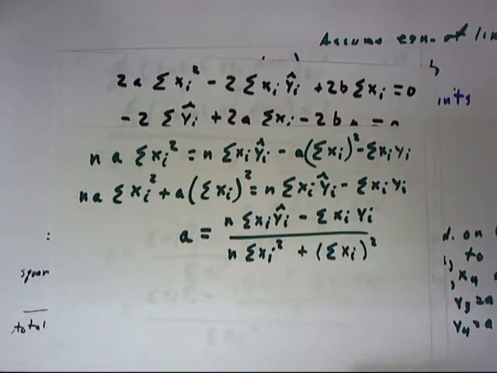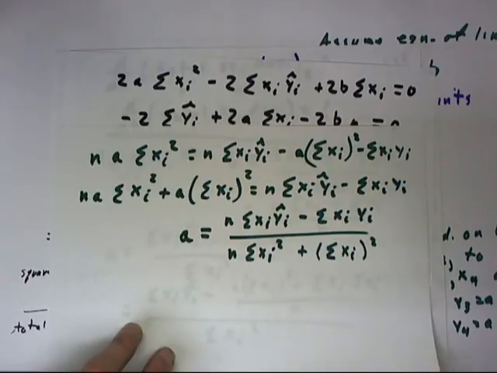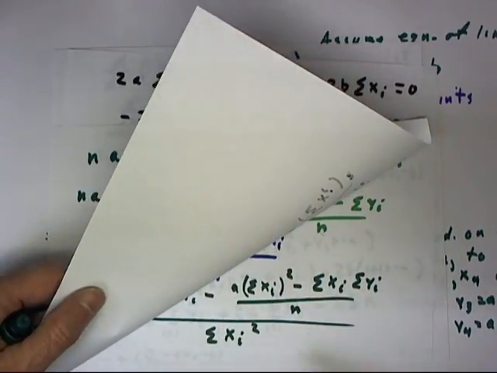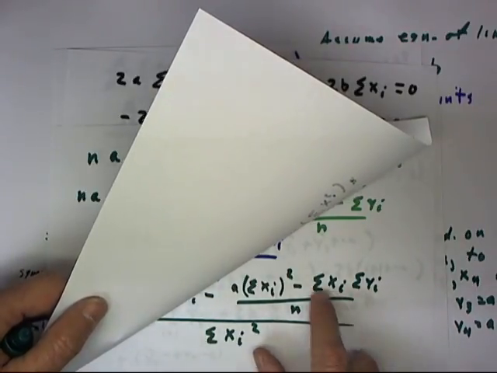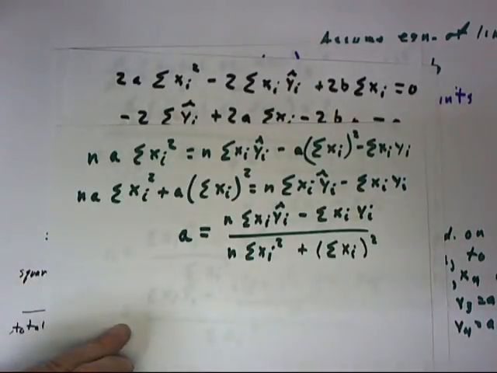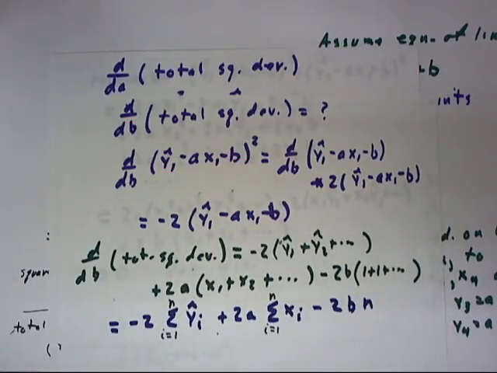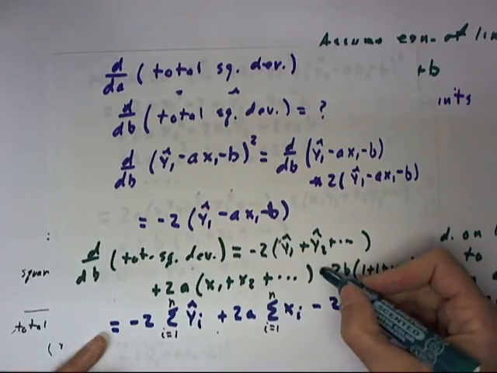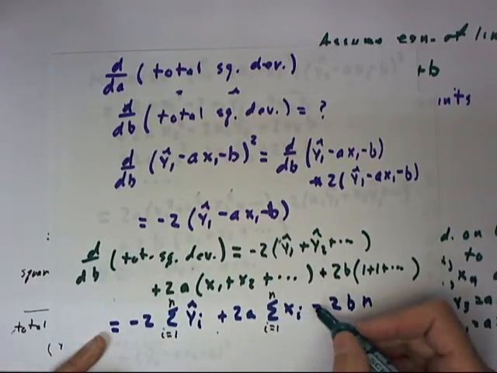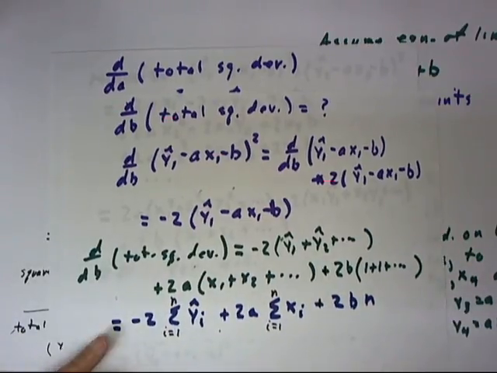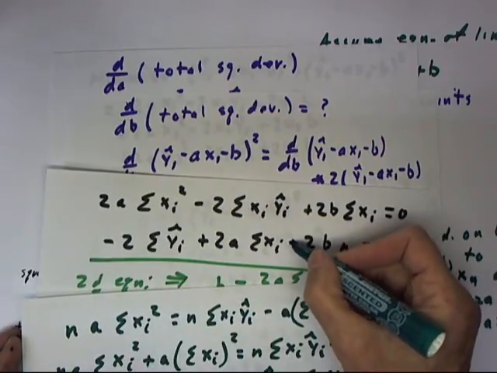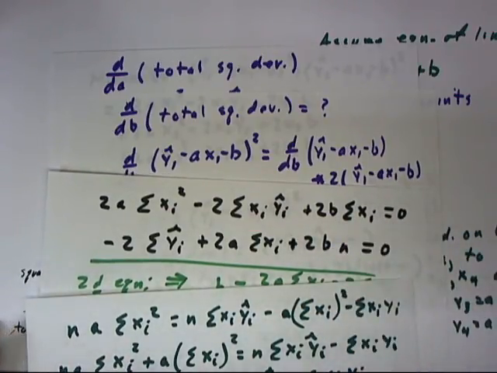Not completely unexpectedly, I appear to have a sign problem. I'm being careless with my algebra. We have a minus here, and that's going to have an effect. So we're going to correct that. Tracing the errors back, a minus 2 times a minus b is plus 2b, which will give us a plus 2b here. So that when we write down these equations, we're going to have a plus 2b here.